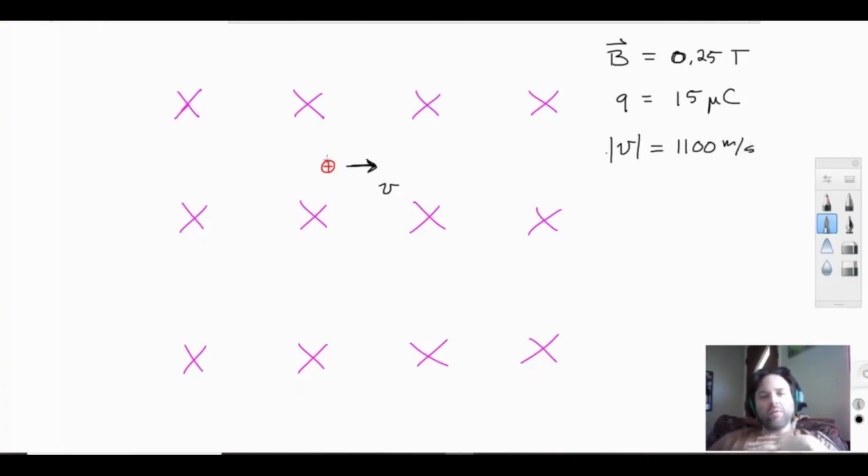So we want to move this in the direction to the right, which means theta, in this case, is going to be exactly perpendicular to the direction of the B field. The velocity is exactly perpendicular to the magnetic field because the magnetic field is pointed into the page and the velocity is pointed along the page. In that respect, it didn't actually matter whether our velocity were anywhere else on this page.